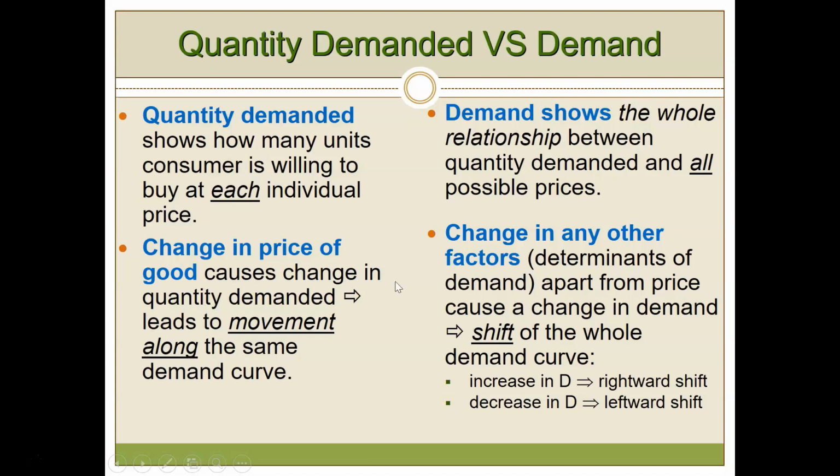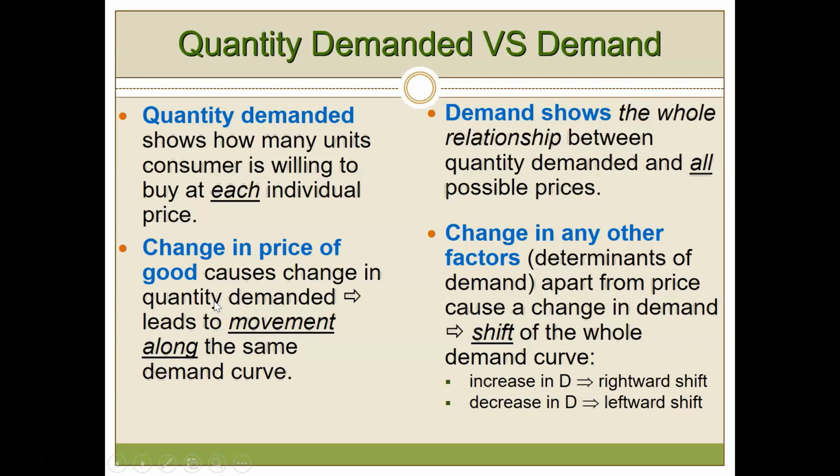So for example, when the price of an apple drops, there will be more students willing to purchase this apple for their lunch. For example, the price was 50p per apple, there were 100 customers, now the price drops to 10p and there will be 200 customers. We'll have a movement along the same demand curve.